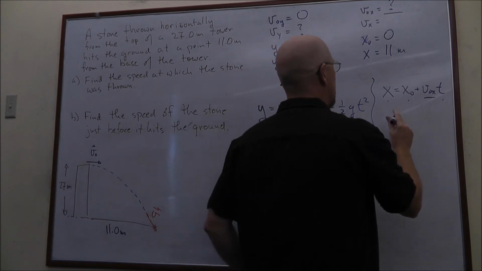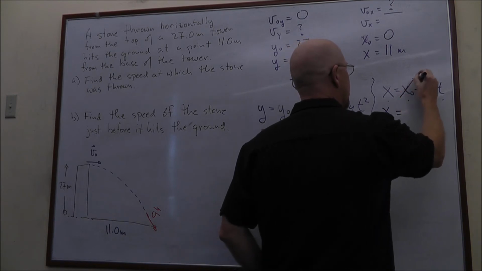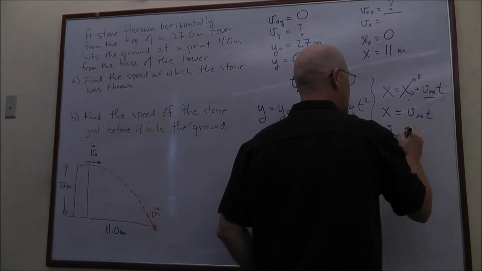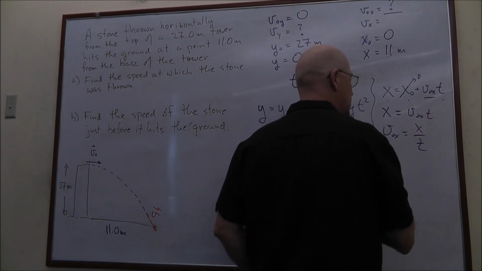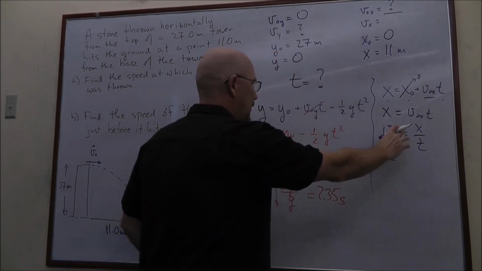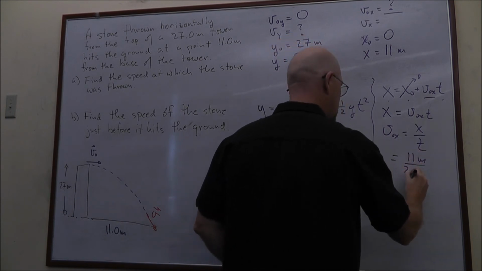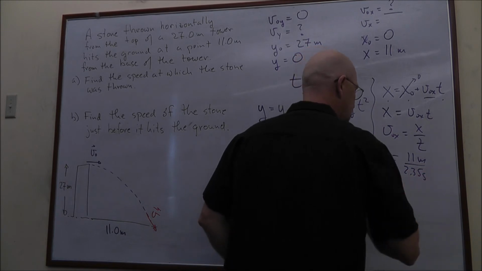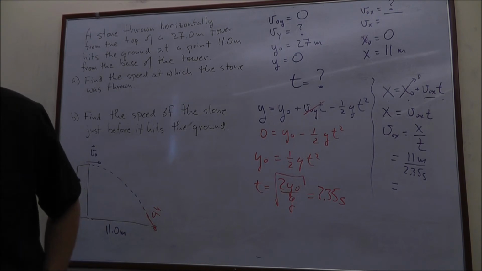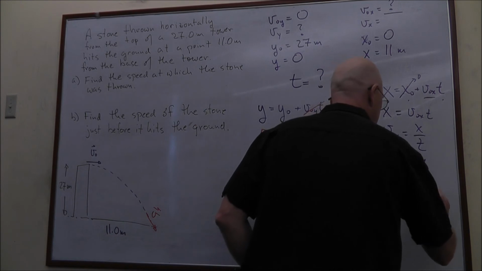So x0 is 0, leaving v0x t. v0x is x over t, as you might expect. x was 11 meters, t was 2.35 seconds, giving us an initial speed in the x direction of 4.69 meters per second.